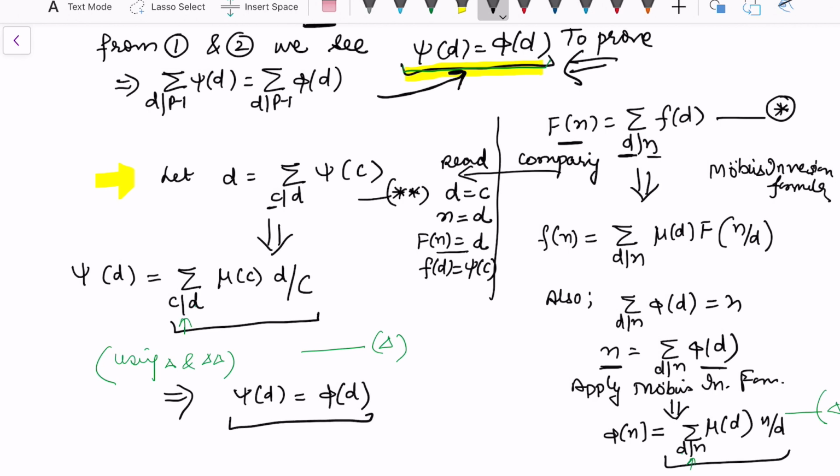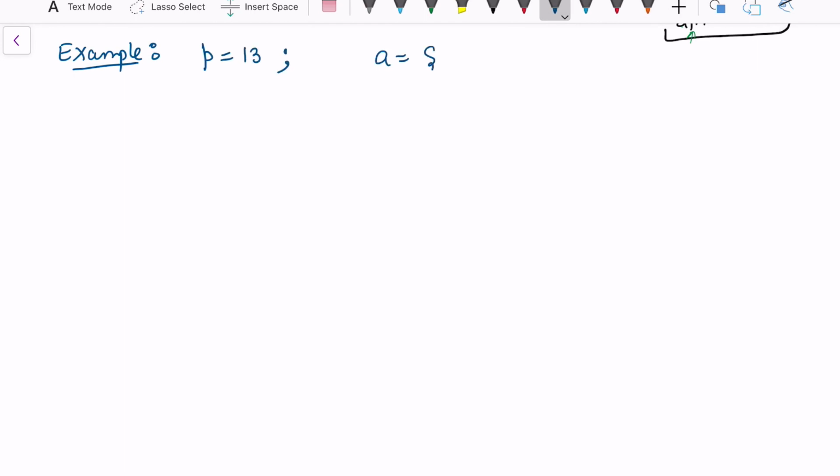Now let's continue the same example one more time, and let's evaluate the φ expression towards that. So in the previous example, what I have considered here is prime as 13. And for this, the choices of a can be 1, 2 up till 12.